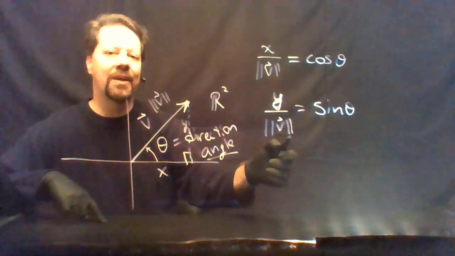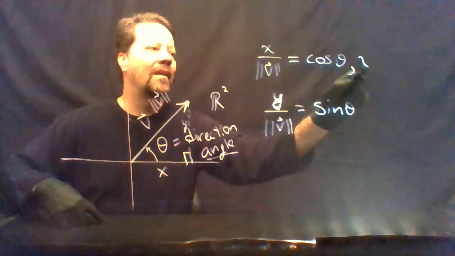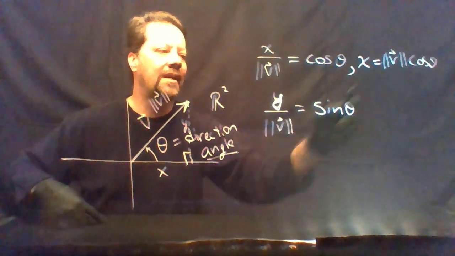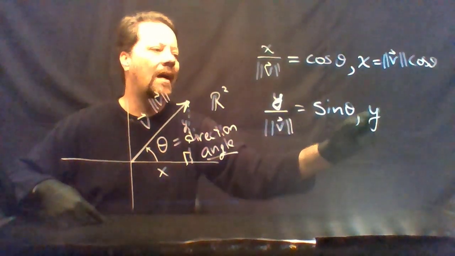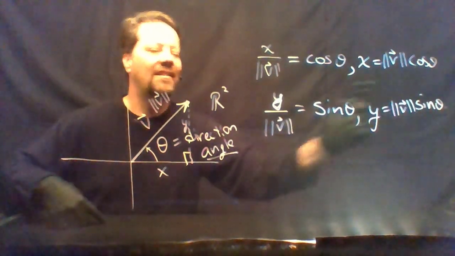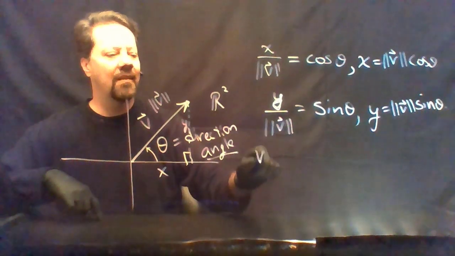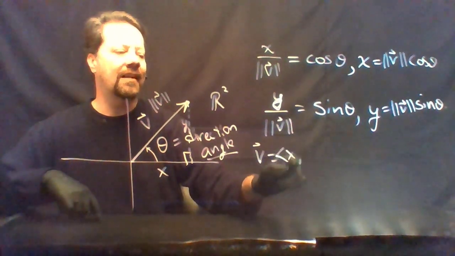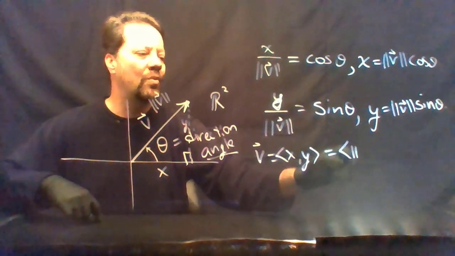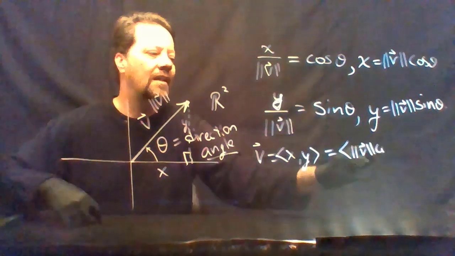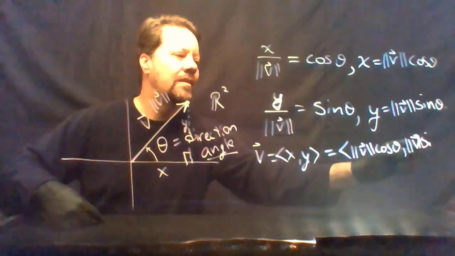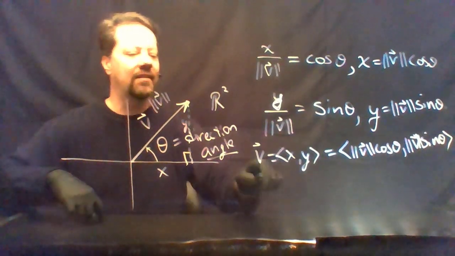We'll solve these two equations for x and y. x is the norm of v times the cosine of the direction angle theta, and y is the norm of v times the sine of the direction angle. If v is x comma y, which is our notation, then that's the norm of v times the cosine of the direction angle, norm of v times the sine of the direction angle.